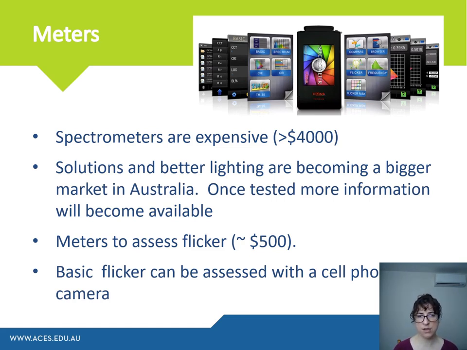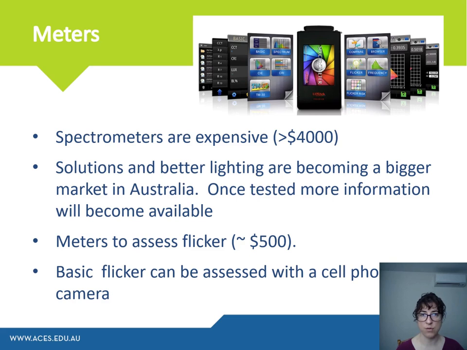Now the solutions in Australia, they are getting better. There hasn't been much on the Australian market for good lighting, like full spectrum lights, etc. It's a market that's definitely coming up to where it is in, say, the United States or Canada, North America. They have a lot more lighting options, and you just have to make sure that if you're looking to buy those lights, that they're not the same voltage.